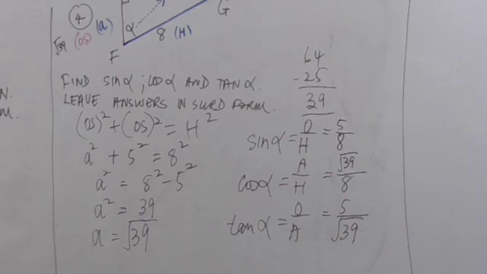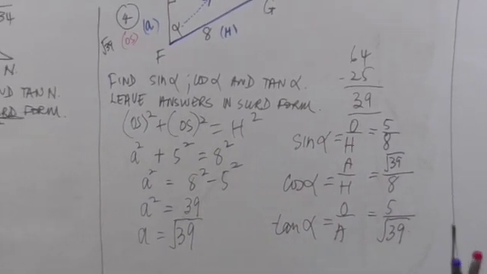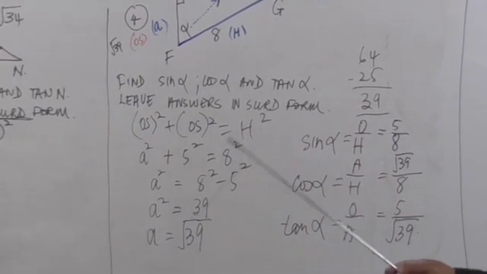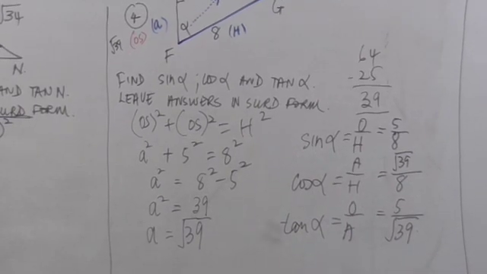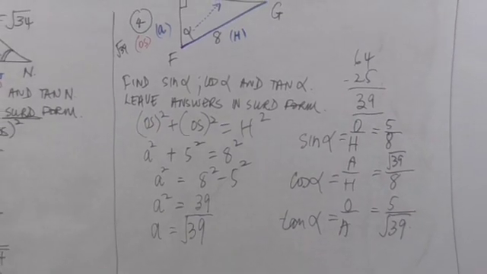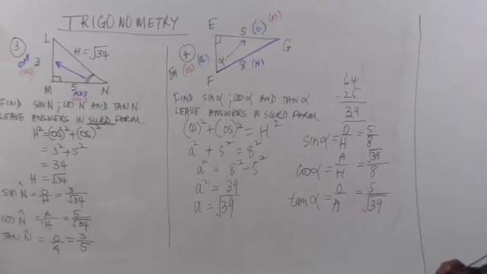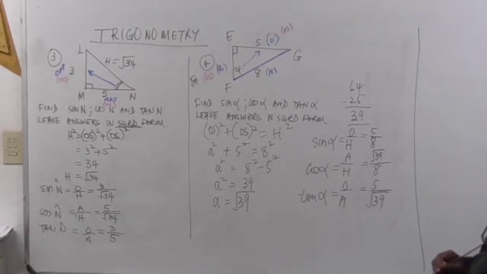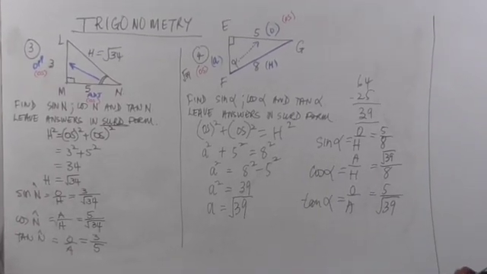Alright, so that was number 3 and 4. Now in our next lesson, we're going to take you a little further. Now that you can find ratios, we're going to find ratios and make some comparisons and some conclusions.